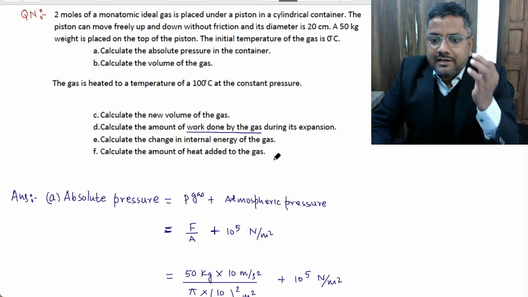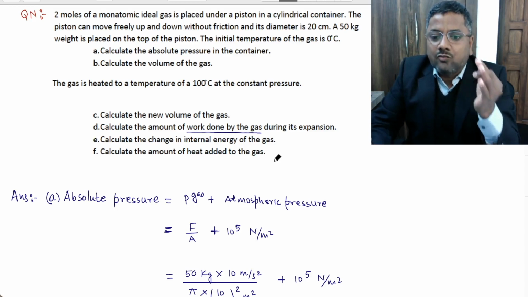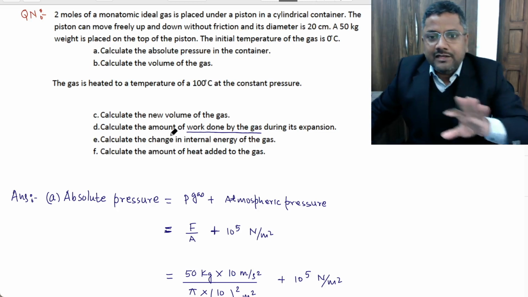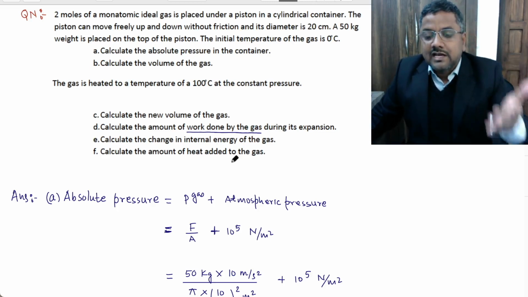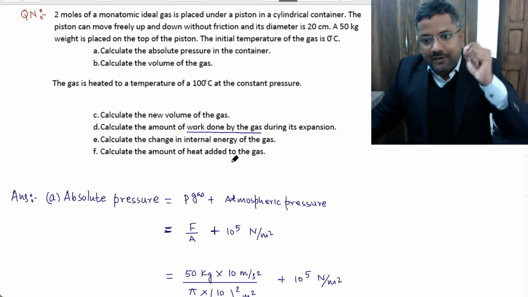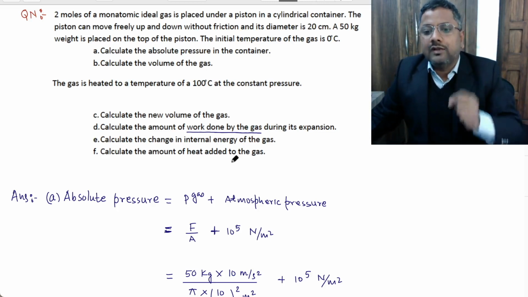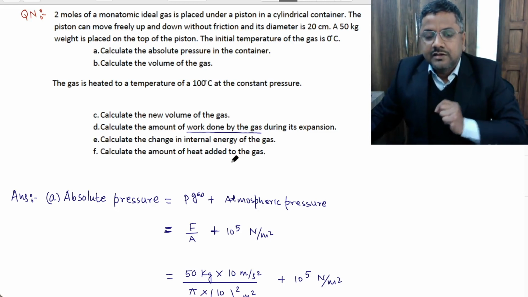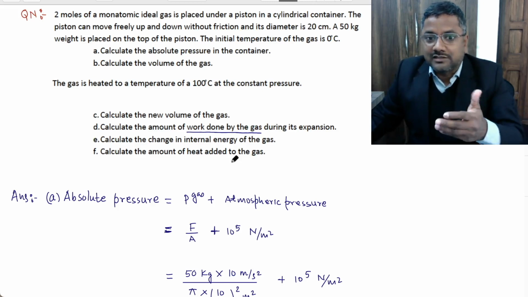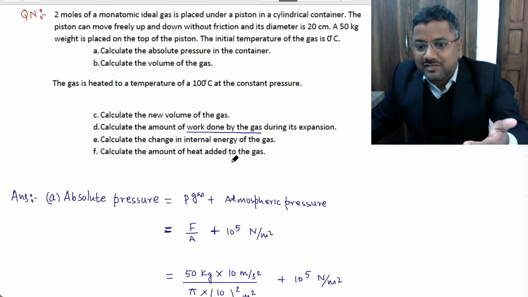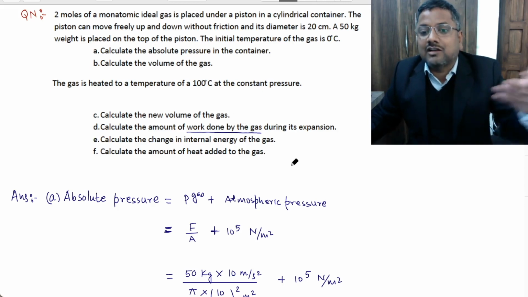The negative sign itself shows that the work is done by the gas. So whenever it is written work done by the gas, in your calculation the value will definitely come with the negative sign. But what you have to report here, don't do both things, don't put a negative sign as well as write in English work done by the gas.